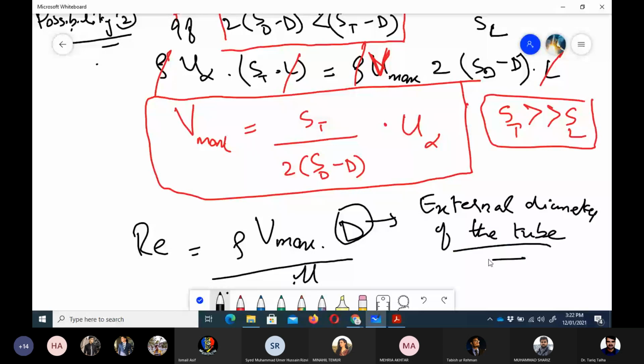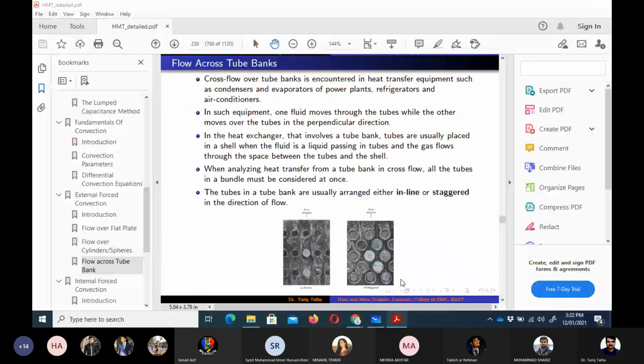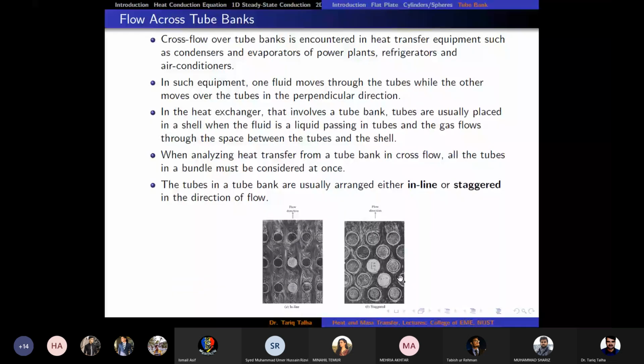Okay. So now let us move back to the slides, and because we have discussed everything on the whiteboard, let me quickly go through the slides. As we discussed, it is the situation where the flow crosses over the tube. It is not over the length of the tube, but going across the tube.